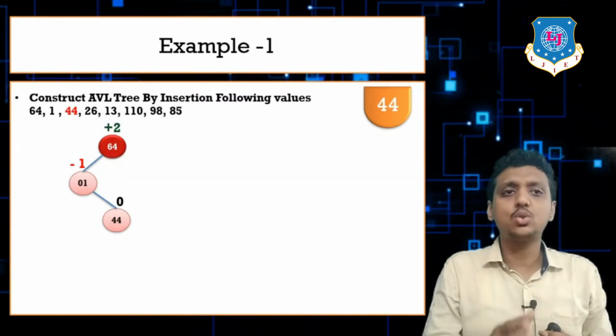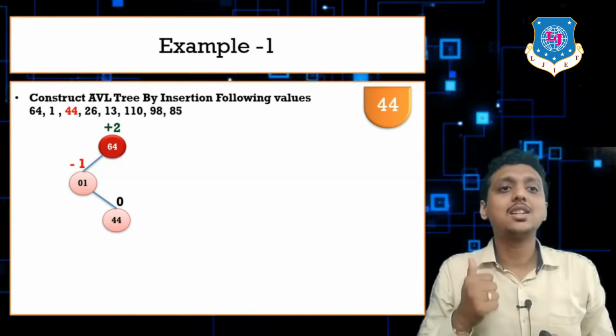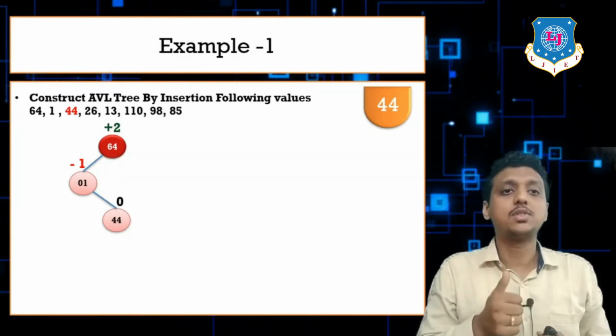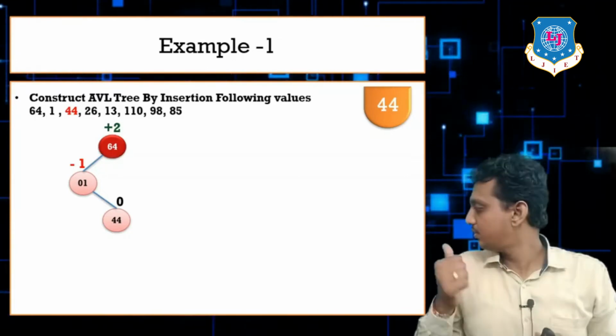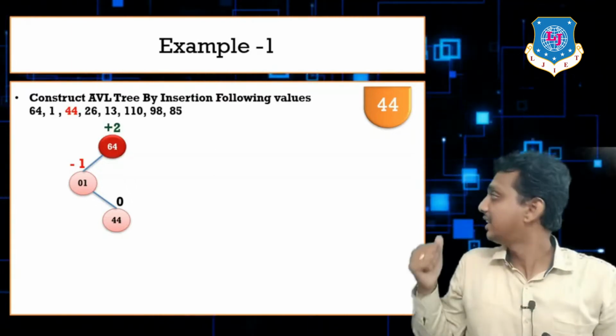So first we need to apply rotations on the violated node, that is 64, but 64 is violated just because of 0, 1. So we need to apply LR rotation: left rotation first and then right rotation.